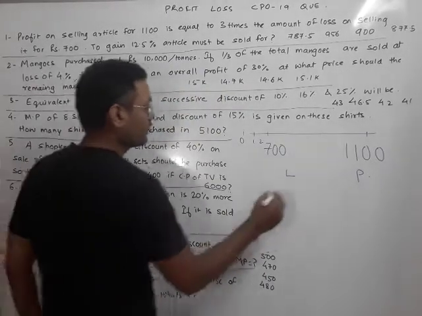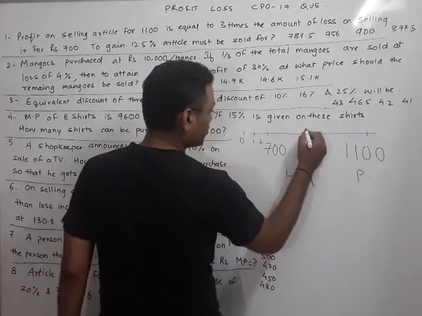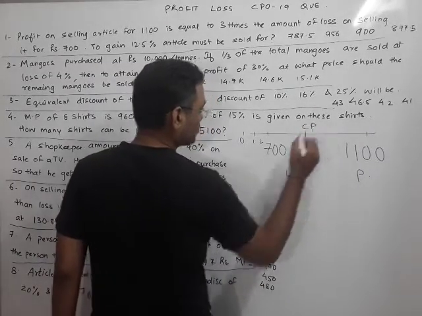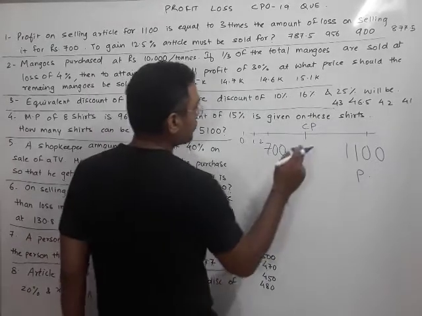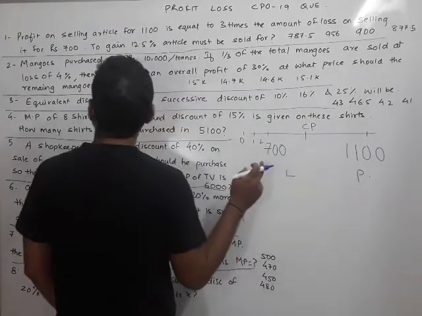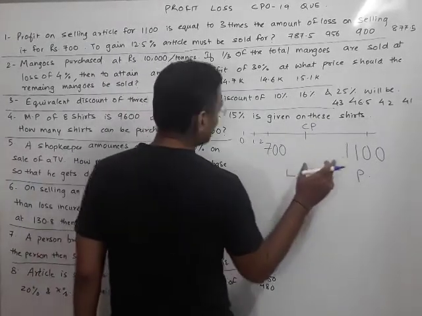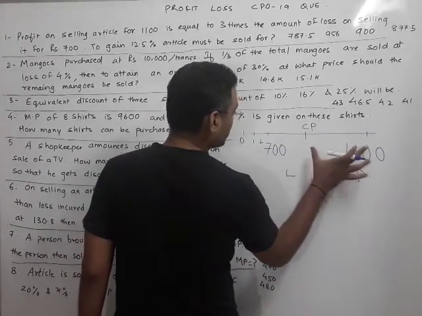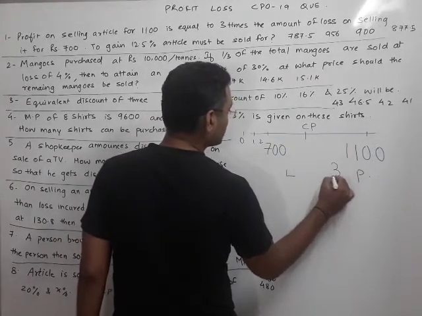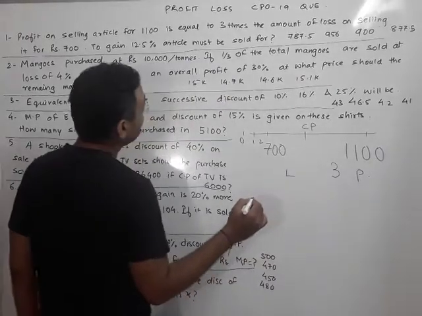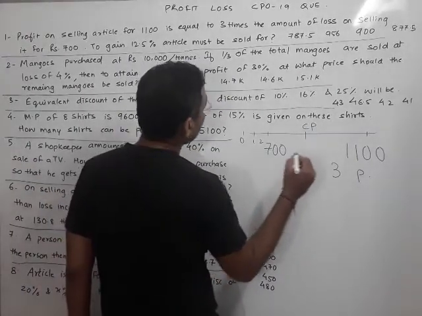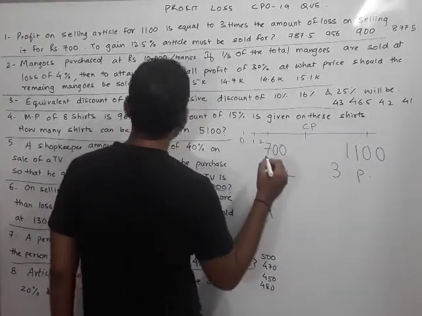Somewhere in between there will be the cost price. What they are saying is, profit on selling the article for 1100, from here till here, is 3 times the amount of loss on selling it for 700.